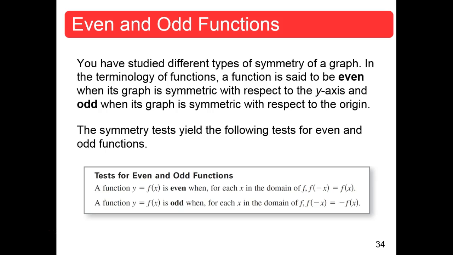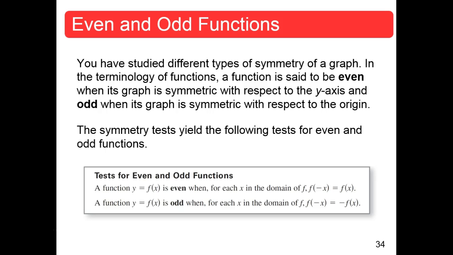If you have a function y equals f of x, that function is even when for every x in the domain, you put in minus x instead of x and figure out what f of minus x is. If you get the same thing as you did from f of x, that means what you do over here, the same thing happens over here. It doesn't change these values at all.